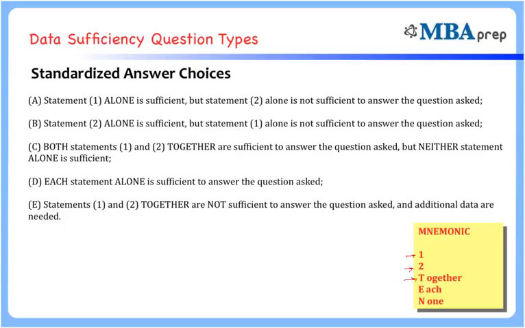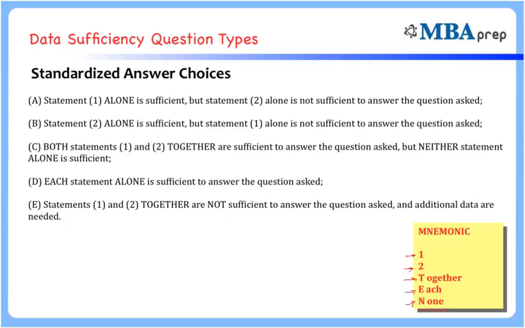So alone they are not sufficient, but together you can answer the question asked. Each statement alone is sufficient, and neither together. So you don't even solve that, even though we have joined two statements.